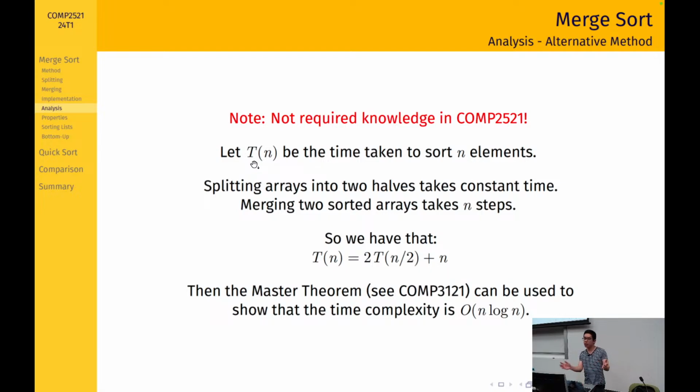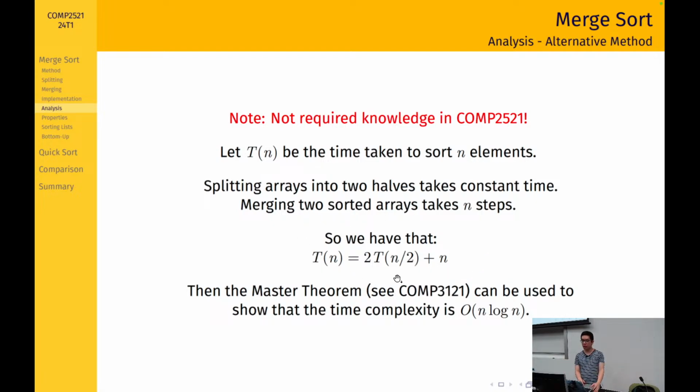If T(n) is the amount of time taken to sort n elements, let's say n is the size of our array, and T(n) is the time taken to sort the array using merge sort, then we saw earlier that splitting an array into two halves takes constant time, and merging two sorted arrays takes n steps if your arrays are of size n/2.